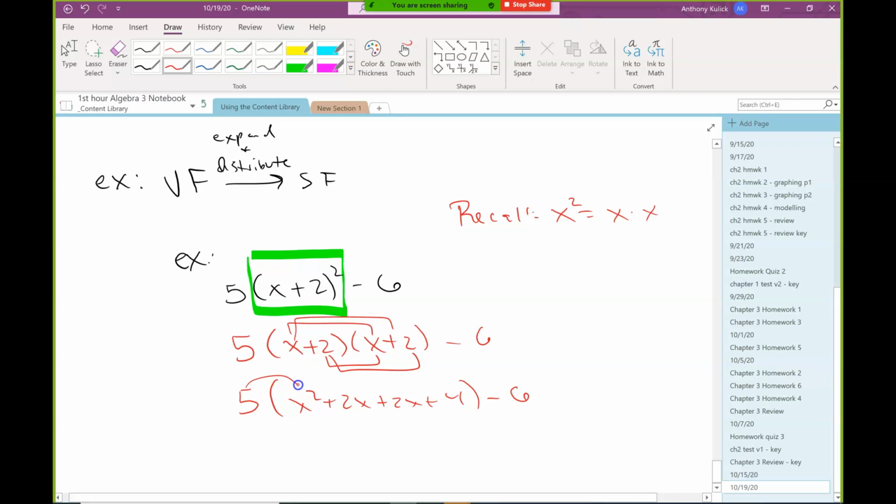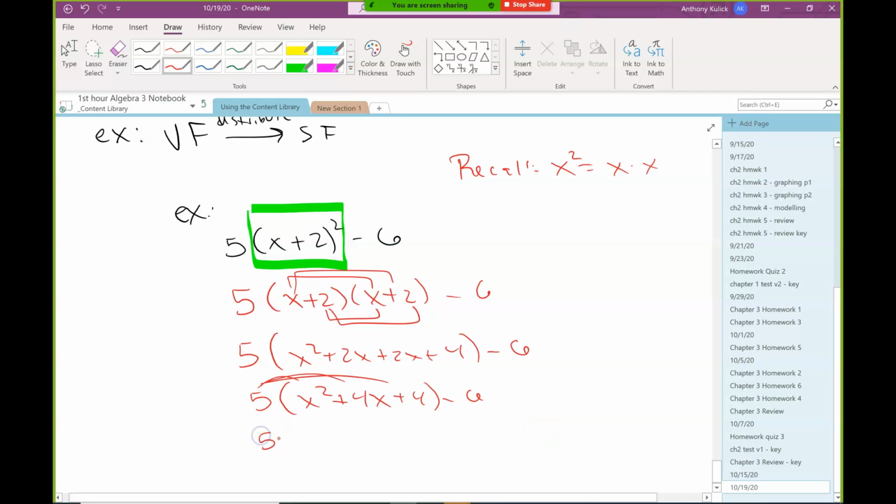Now let's combine the like terms. So 2x and 2x is 4x. And then we'll distribute the 5 through. And then we can subtract the 6 from the 20.